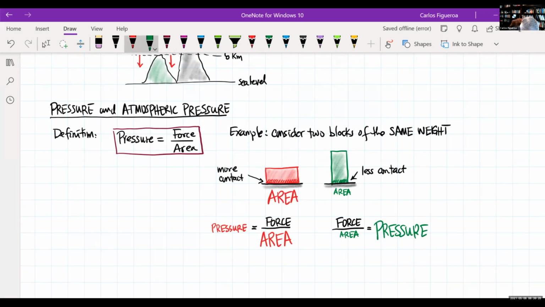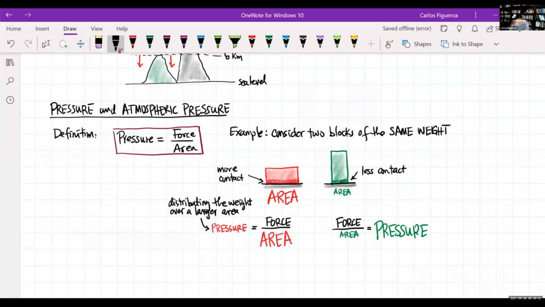So when I'm thinking about pressure, what we're doing here is distributing the weight over a larger area. And that's what I mean by a small pressure.